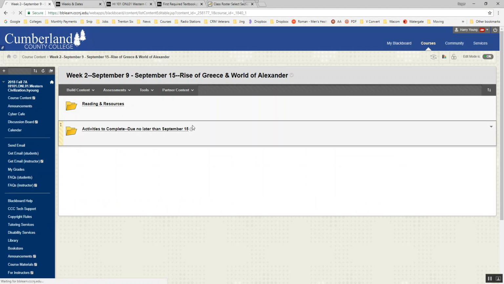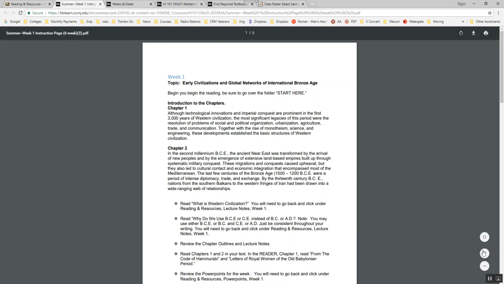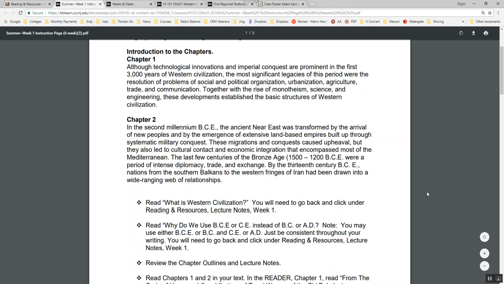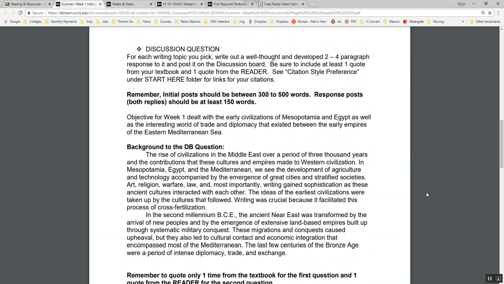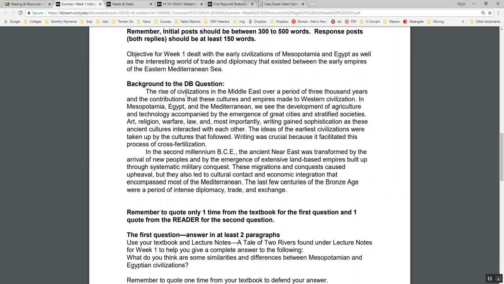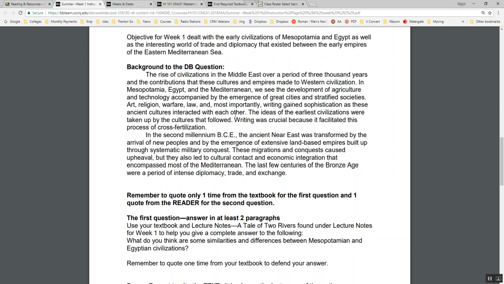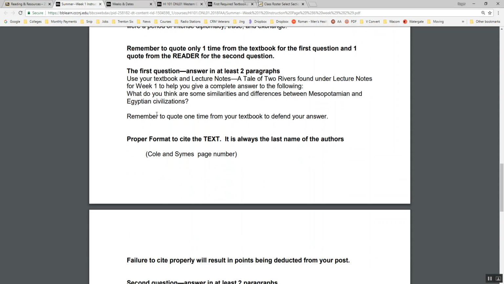Under your reading and resources, you have a week 2 instruction page, and again this will spell out what you have to do for that week. If you look at the bottom of the page, it will have a discussion section. I give you background to the question, and then I ask you some questions. Using your textbook and lecture notes, come up with an answer to a question.